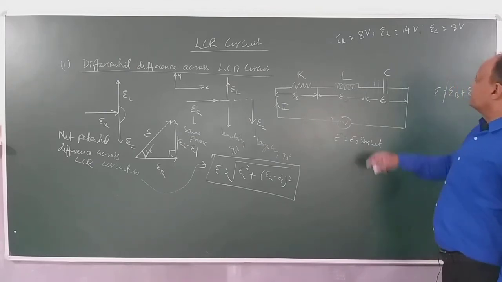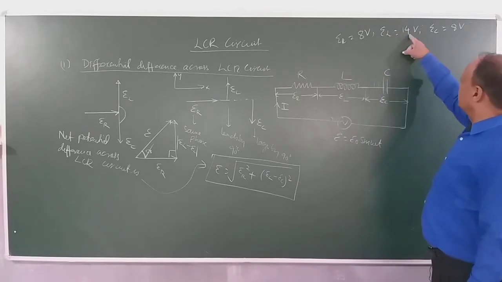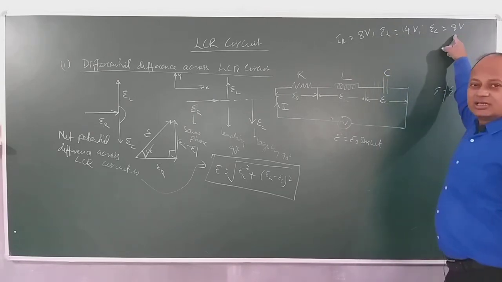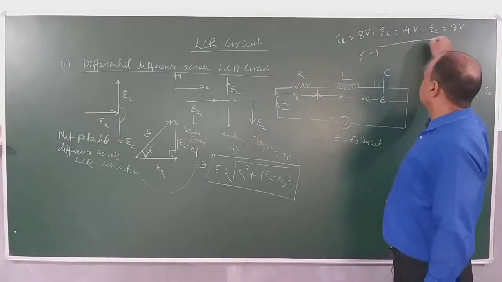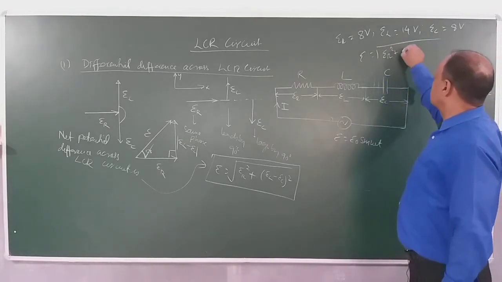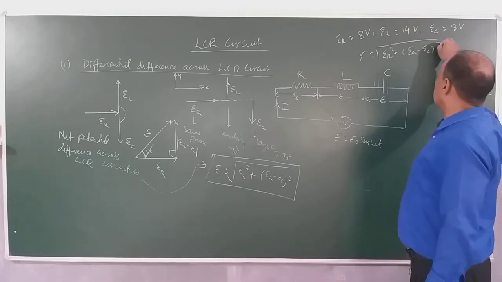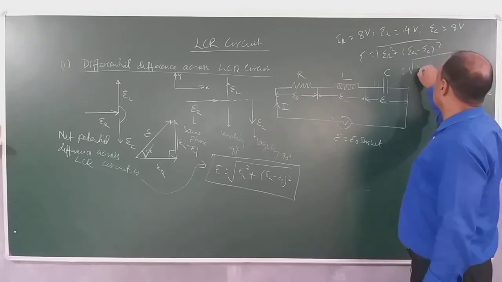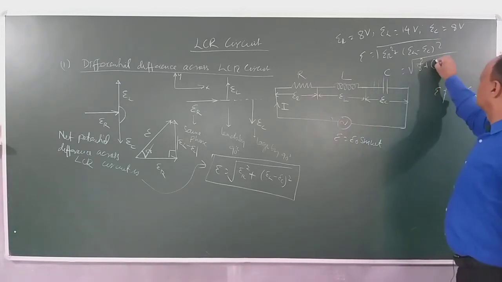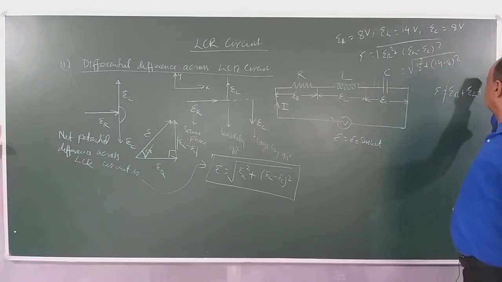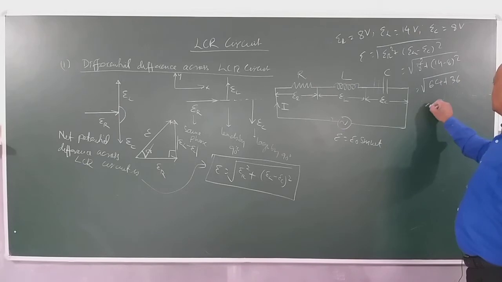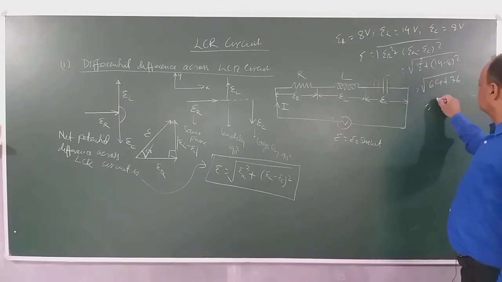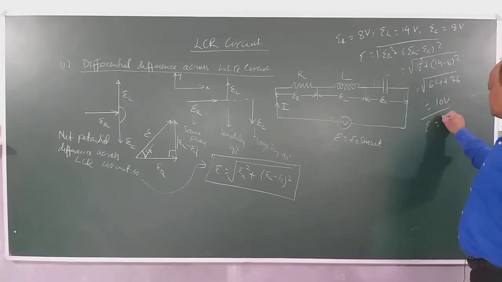If it was DC, I would have done 8 plus 14, that is 22, plus 8, 30 volts. But I cannot do it. Here the potential drop E will be equal to root over ER square plus EL minus EC square, and ER is how much? 8 square plus 14 minus 8 square. 64 plus 36, how much? 10 volt.